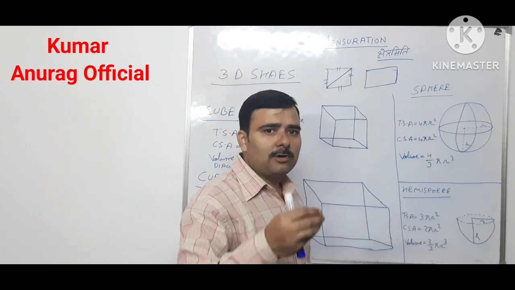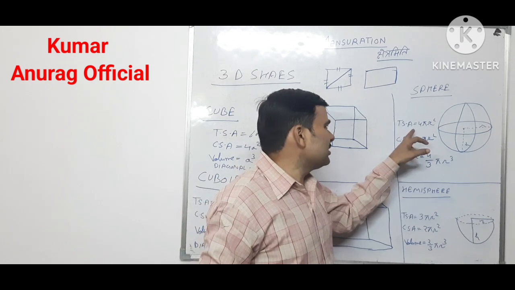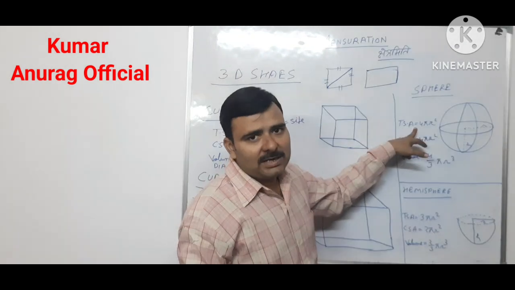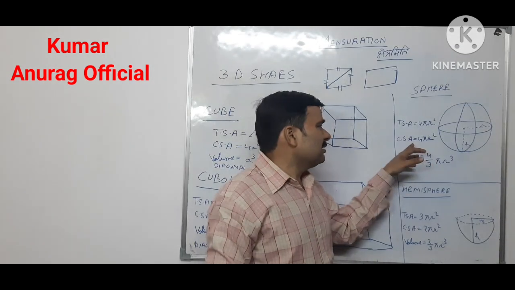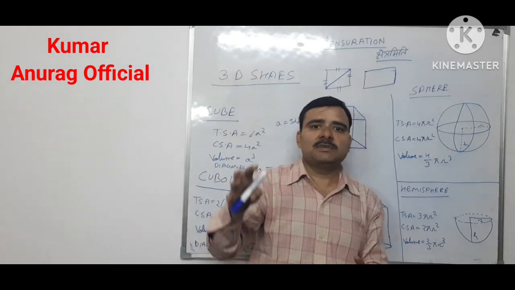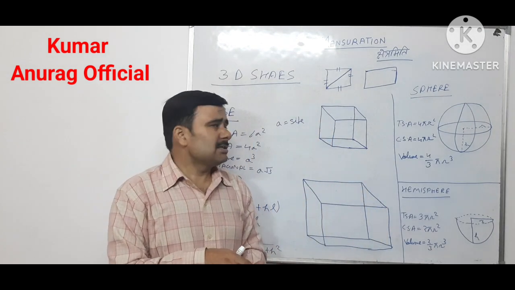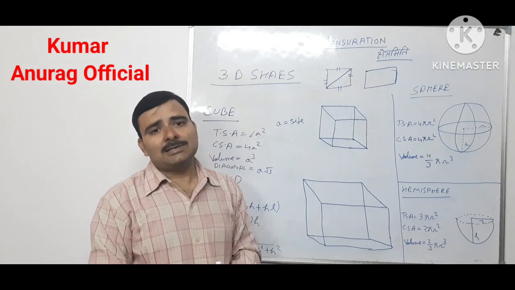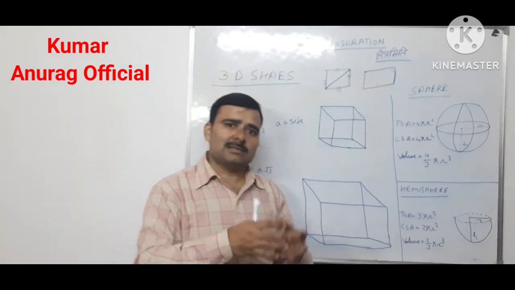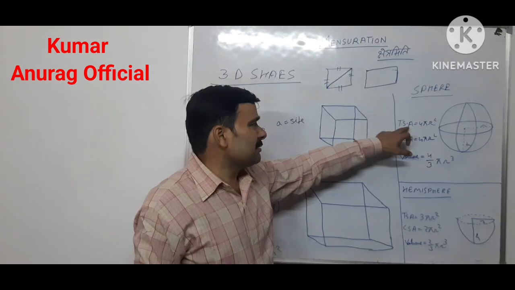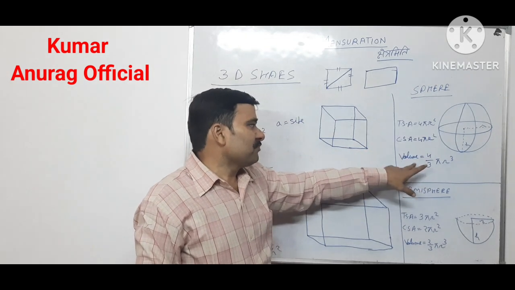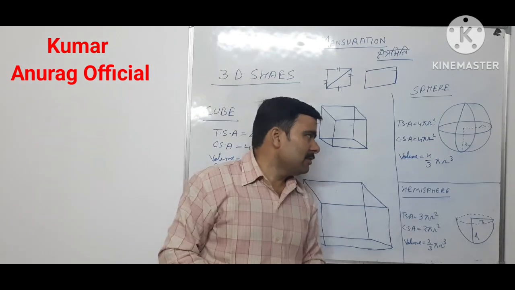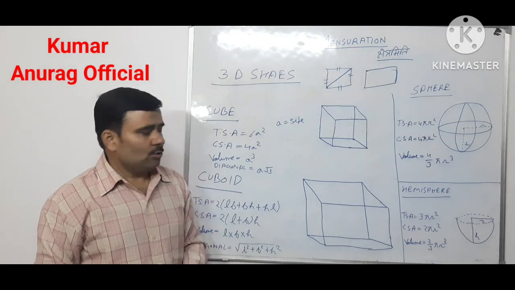The total surface area of a sphere will be 4 pi r square. The whole part of a sphere that can be touched is the total surface, which is also the curved surface. So both the total surface area and the curved surface area of a sphere are equal to 4 pi r square, and the volume of a sphere is 4 by 3 pi r cube.